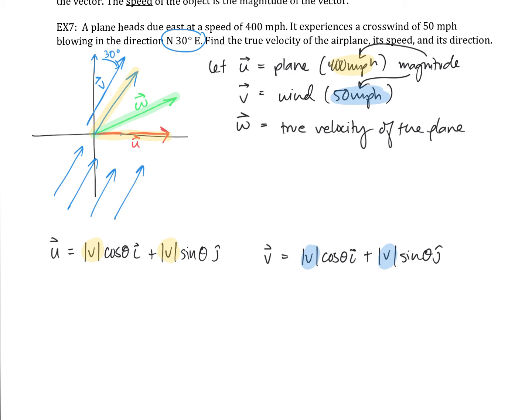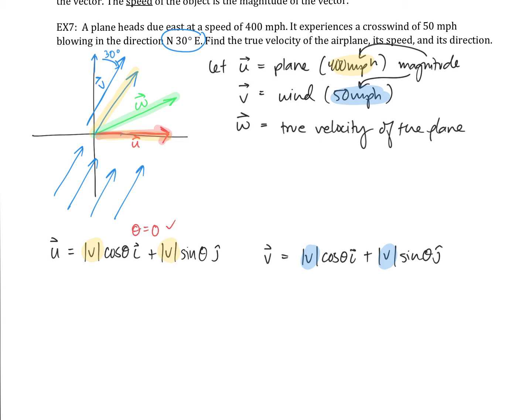Well, what's the theta value for u? What is the distance that that vector has traveled from the x-axis? Well, in reality, it hasn't moved from the x-axis, right? It's actually on the x-axis. So theta for u is actually going to be 0. Now what is theta going to be for v?